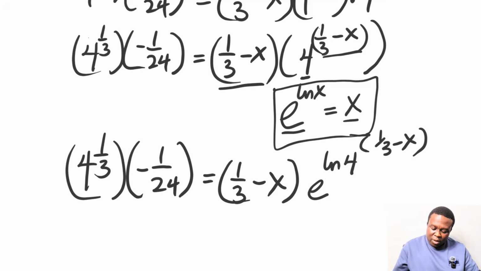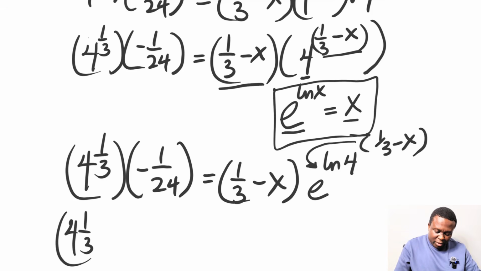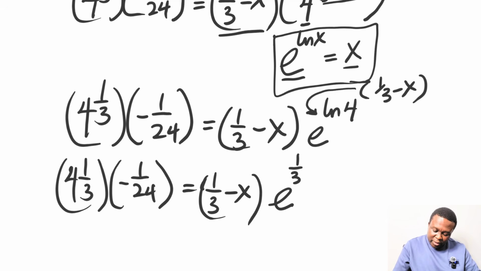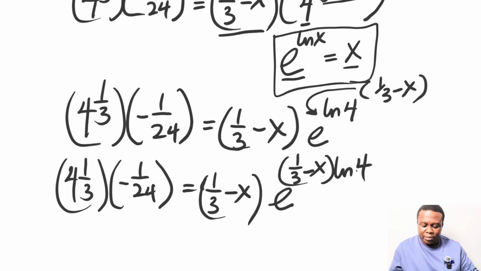Okay, so that becomes 4 to the 1 over 3 times minus 1 over 24 equals 1 over 3 minus x, e raised to the power 1 over 3 minus x times ln of 4.